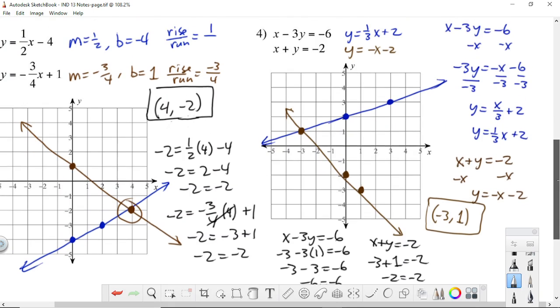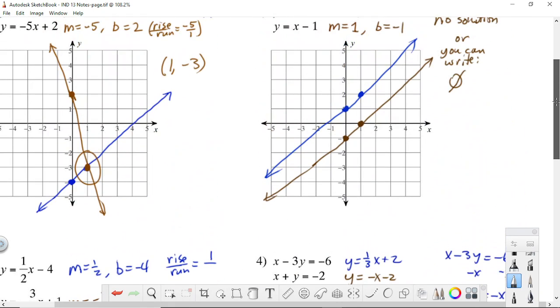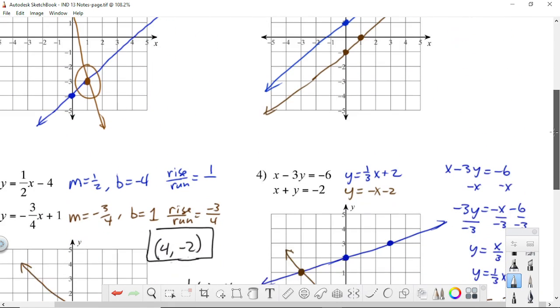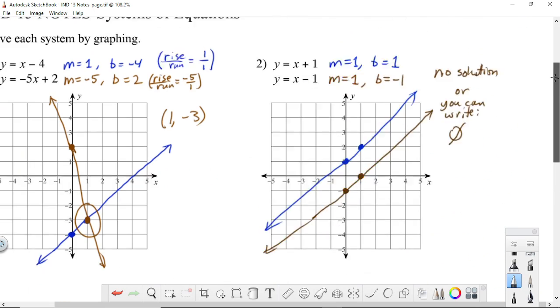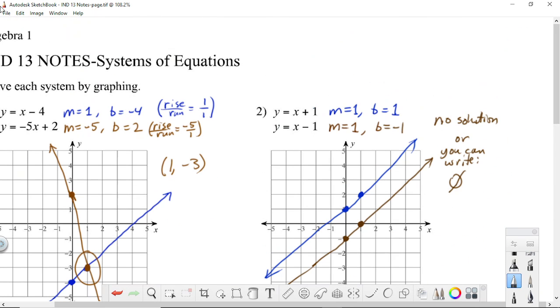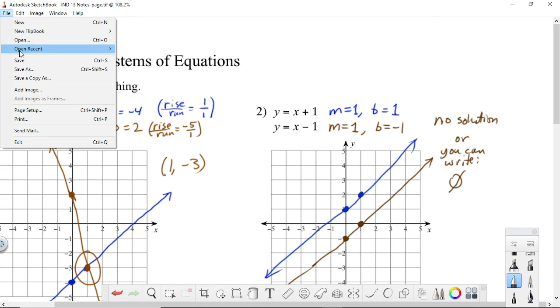So that is solving them by graphing. Now there's one more thing I want to show you. I'm going to save this file.